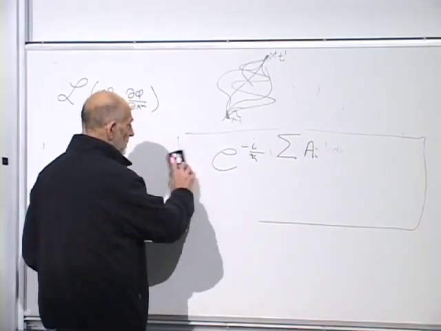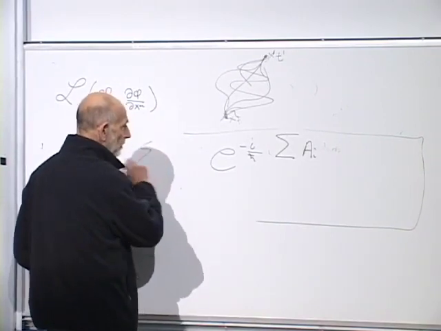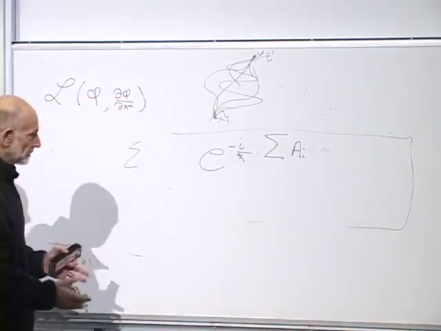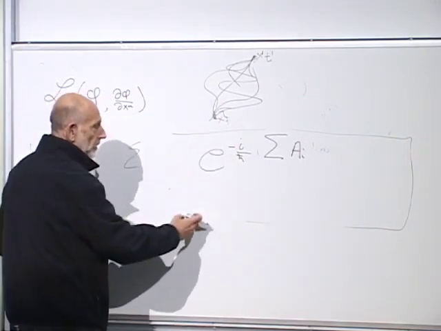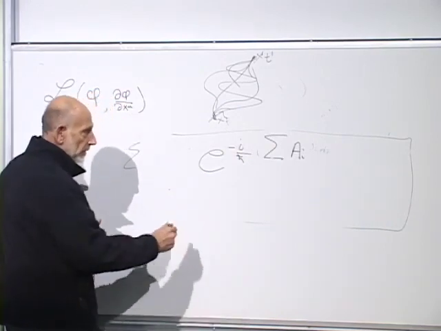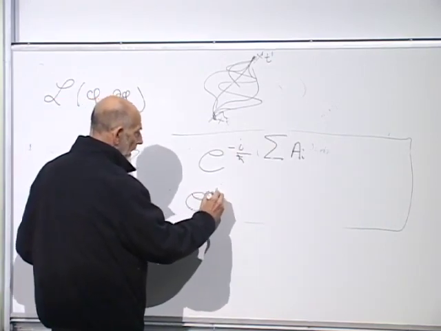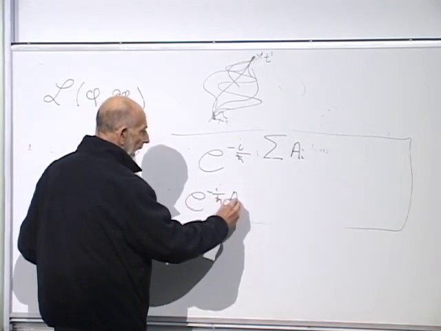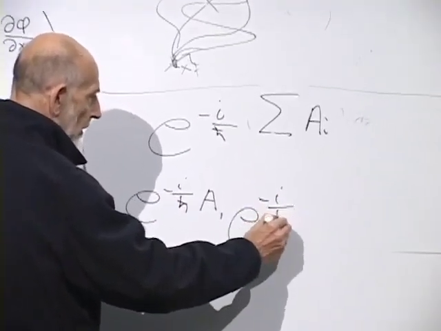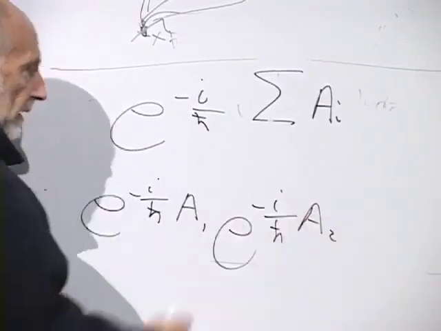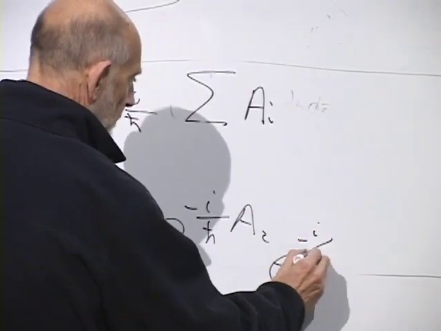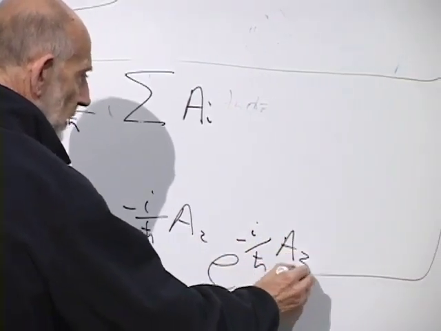In another way, forget the summation here for a minute, that's summing over paths. Before we do that summing over histories, what this object is, it's an exponential of a sum, so it's also the product of e to the minus i over h bar, A in the first cell, e to the minus i over h bar, action in the second cell, A is action, e to the minus i over h bar, A in the third cell.